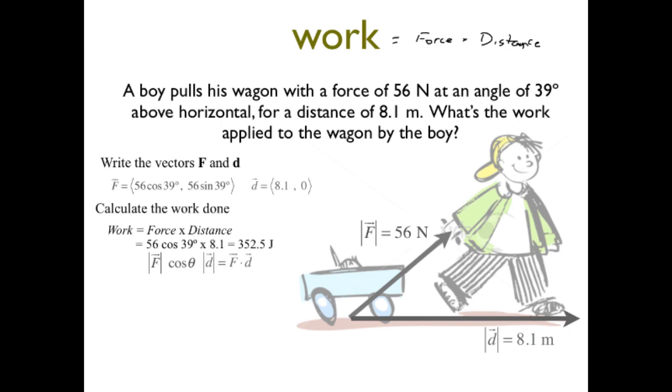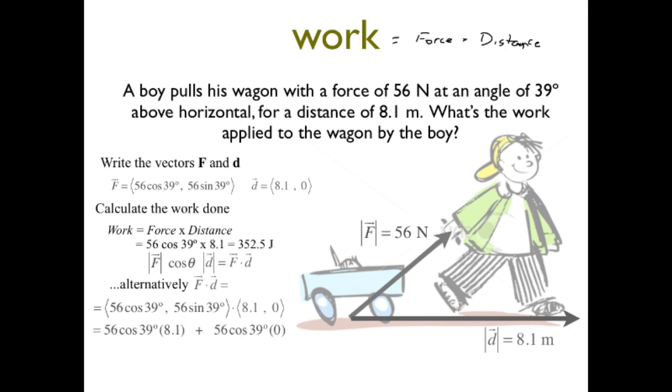So let's try that way. Looking at the vectors up at the top, the dot product would be multiplying the like components and adding. And what happens? You get the same thing.